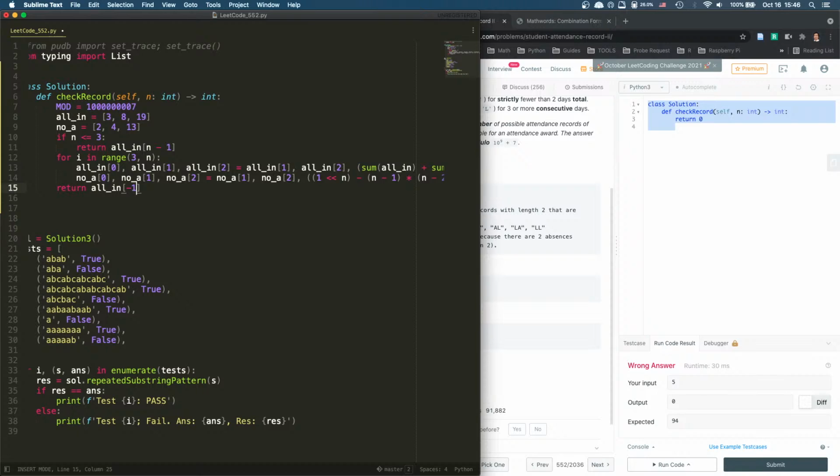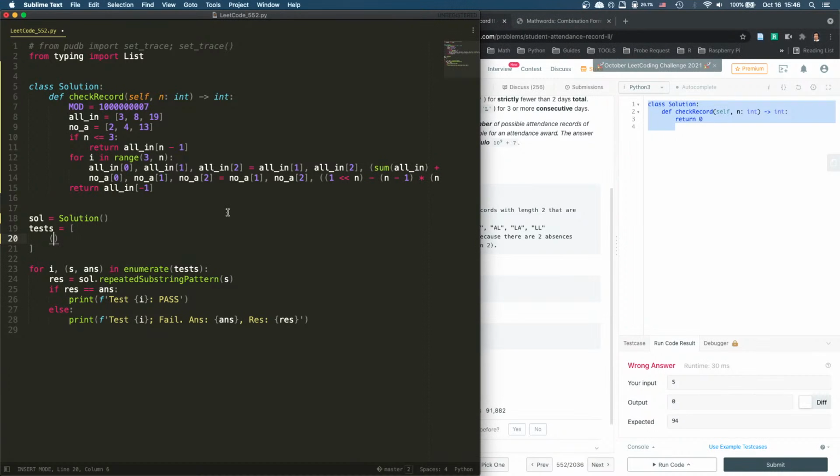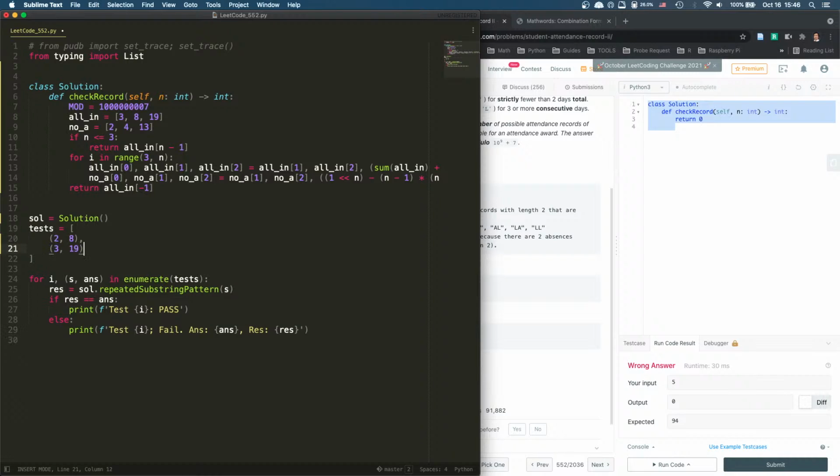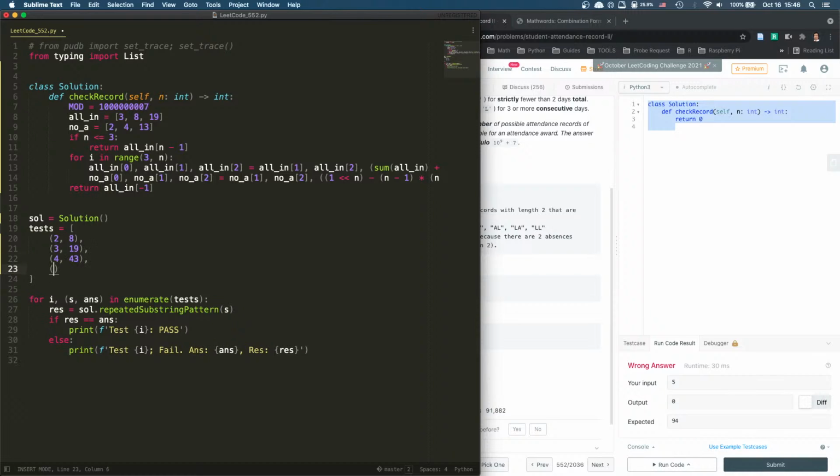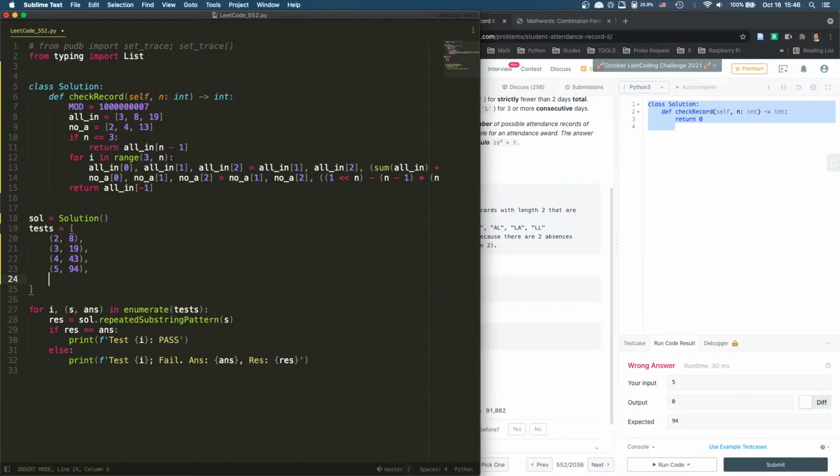Alright, so let's give it a shot. So, of course, we can do 2 is 8, we know. 3 is 19. This one, that's fine. 4 is 43, we know. 5 is 94. We don't know 6, but we do know 1 is 3.